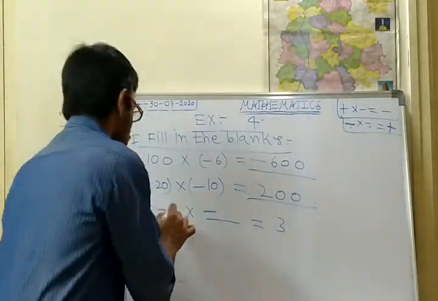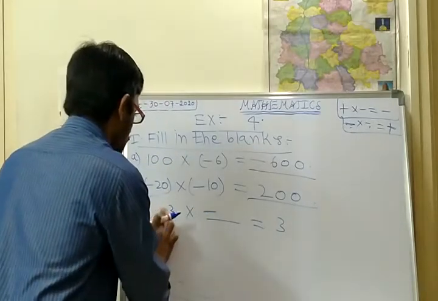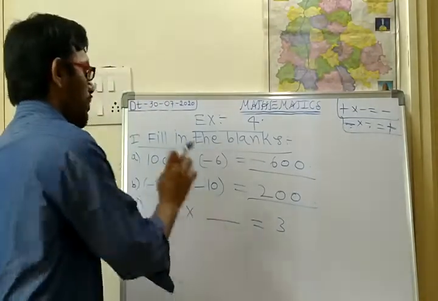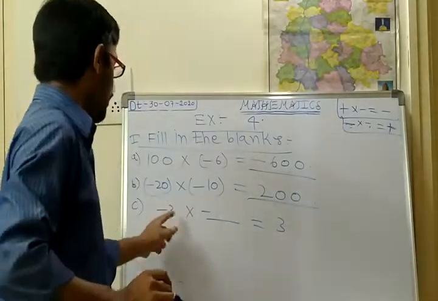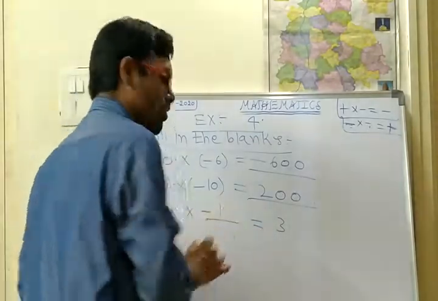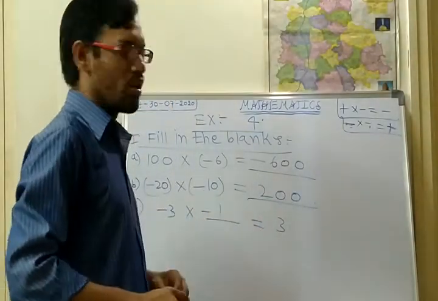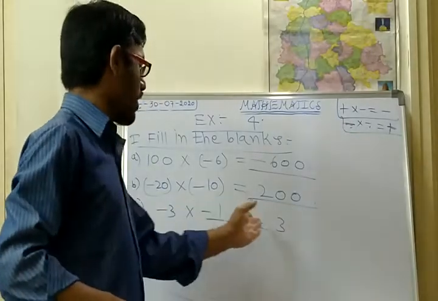So 3 into what will become 3? You know that 3 ones are 3. So 3 into minus 1 is equal to 3.